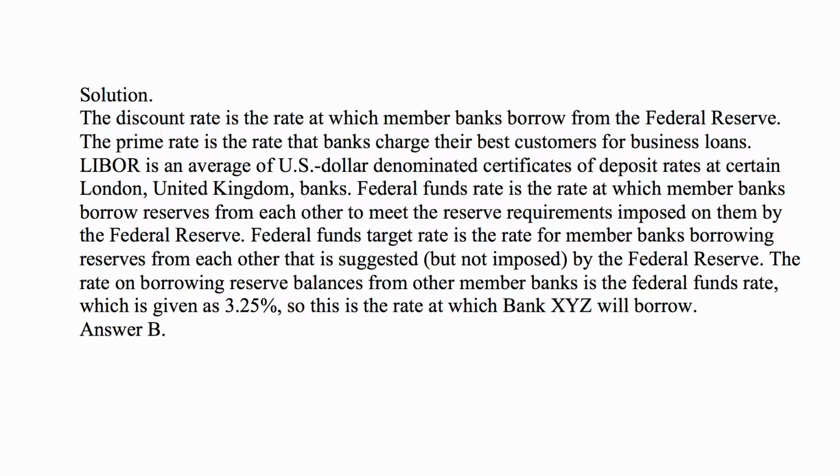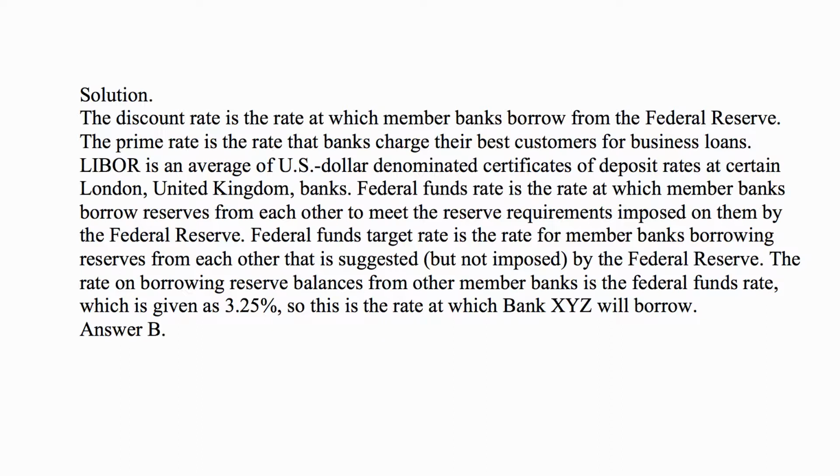LIBOR is an average of US dollar denominated certificates of deposit rates at certain London, United Kingdom banks. It's not applicable here. The federal funds rate is the rate at which member banks borrow reserves from each other to meet the reserve requirements imposed on them by the Federal Reserve.